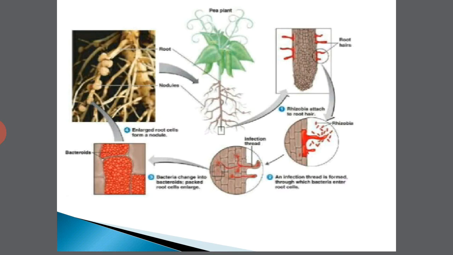You can see the nodules in the very first corner, and then it is used by the plants for growth. A pea plant is shown over there. And pea, we all know, is very rich in nitrogen, and is part of our human diet.